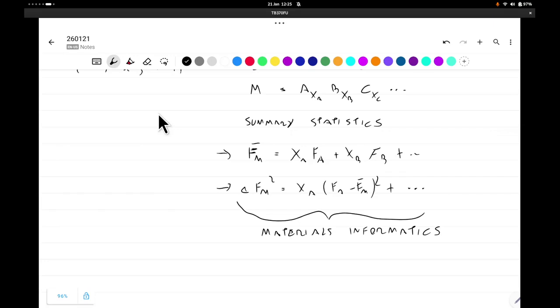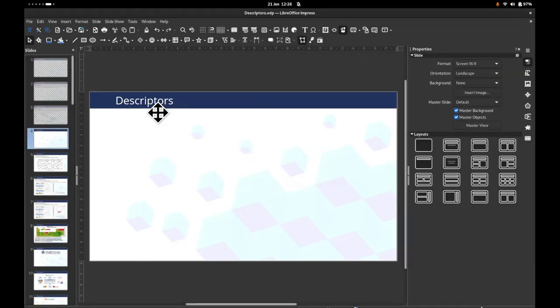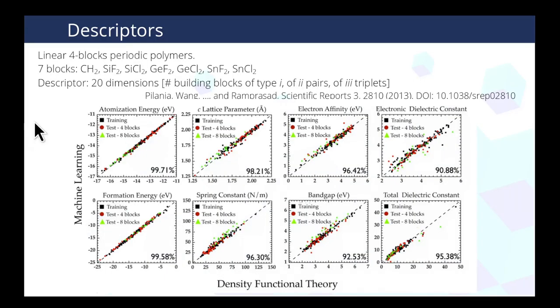I want to show you a few slides of examples of actual descriptors that have been used for materials informatics in publications. I've selected them because they are in some sense original, or just to show how creative you can be, right?